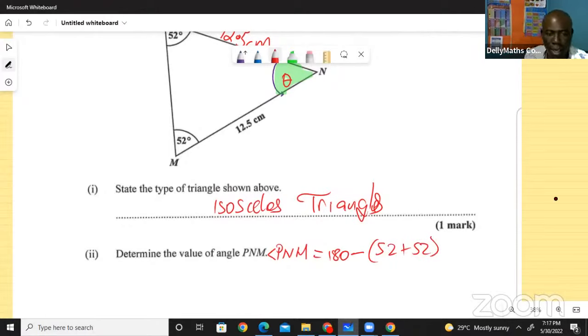So let me just write one more step. I think this is 52 times 2, 104. So we're subtracting 104, and so we're leaving that with about 76 degrees. All right, so here we found that the angle they have there is 76 degrees.